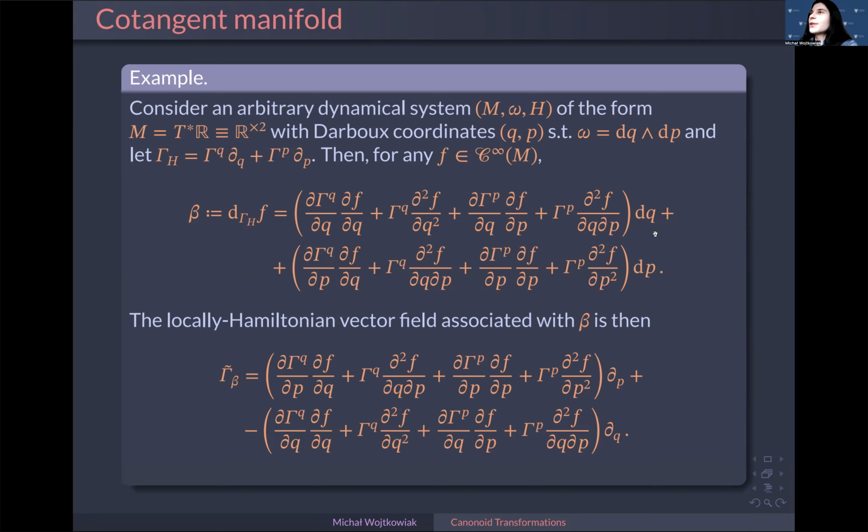If the cohomology doesn't vanish, so if not all closed forms are locally Hamiltonian, if not all canonoid vector fields are associated with a function like this, then things become a bit more nuanced, but there's still a theorem which connects generators of constants of motion with canonoid transformations.